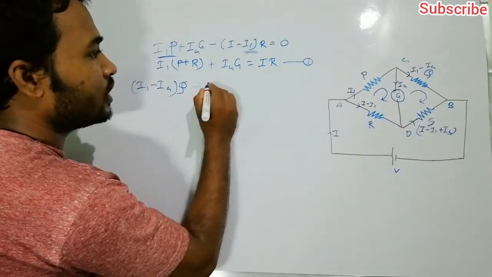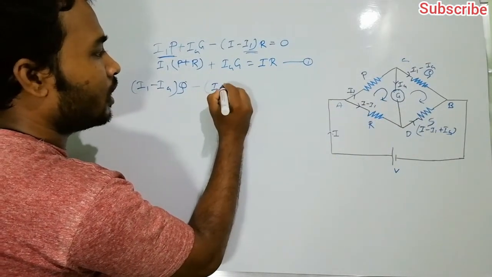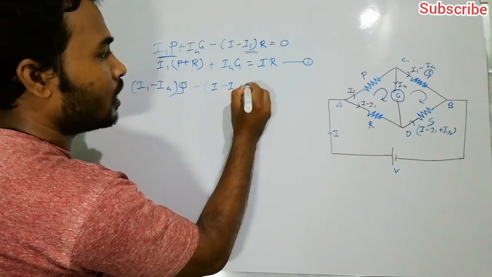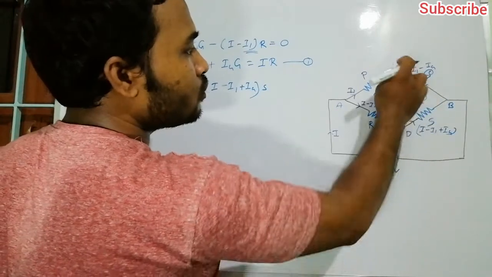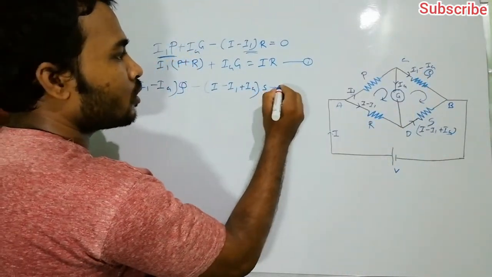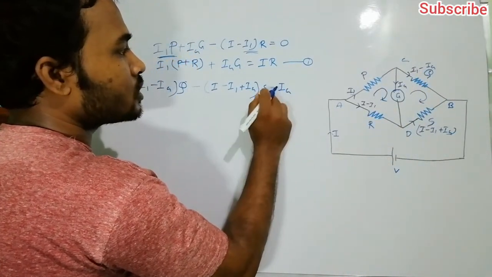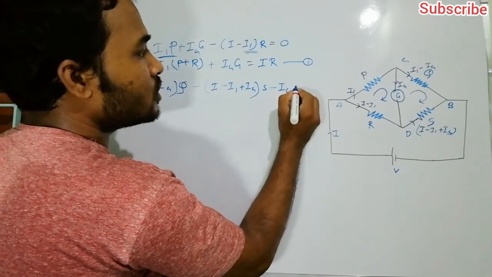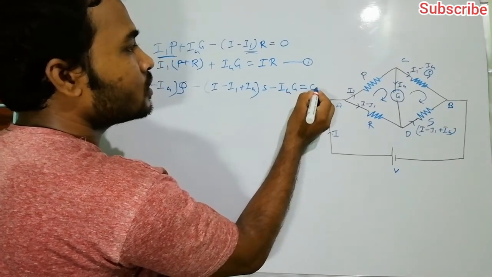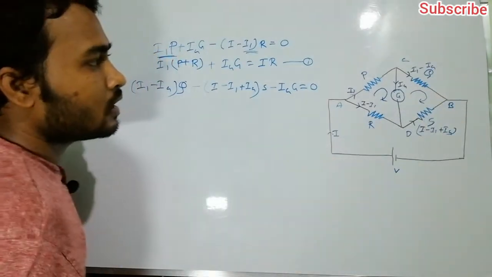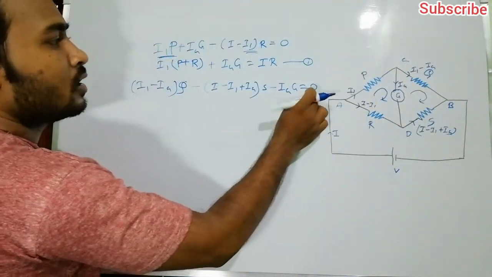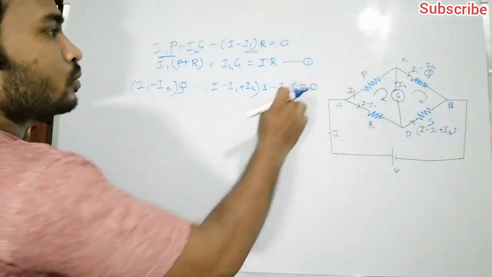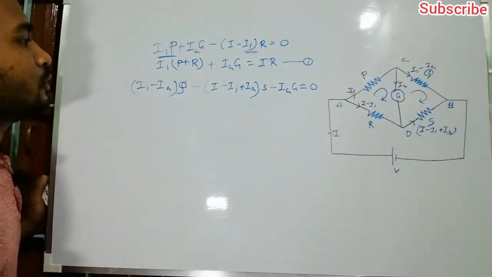So here also a negative sign: minus (I minus I1 plus Ig) into S, and from D to C the current is also along the opposite direction, so negative sign Ig into G, that is equal to 0, as there is no cell in the loop C, B, D, C, so the potential difference here is 0.